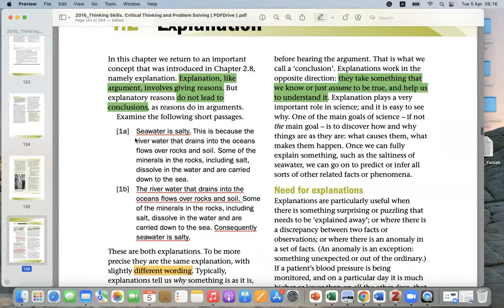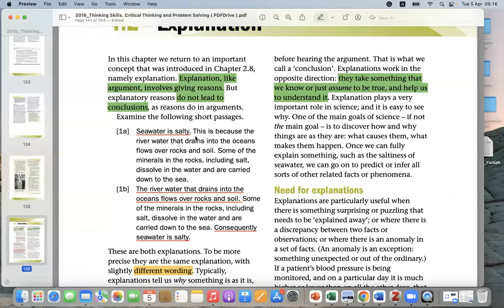For example, if you have the claim "seawater is salty," then you have to explain. It means that you are giving explanation, giving reasonings, or arguing. So the rest of the sentence in number 1A is supporting the idea of the seawater being salty, right?